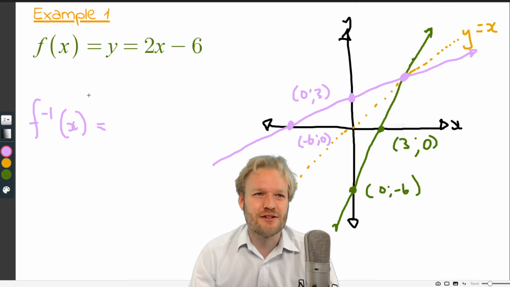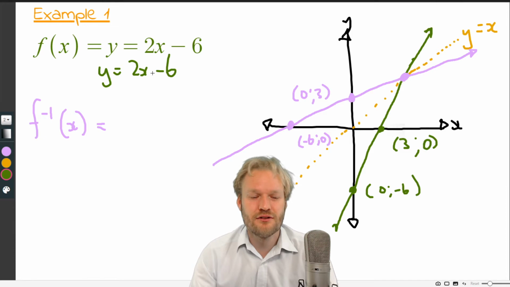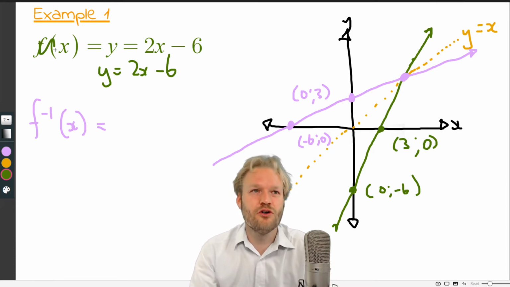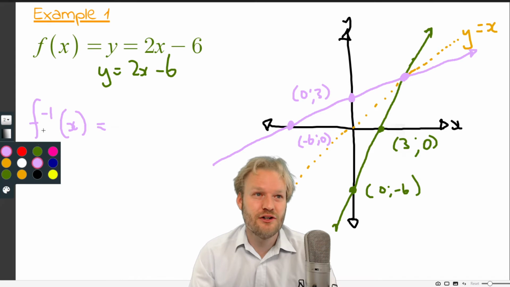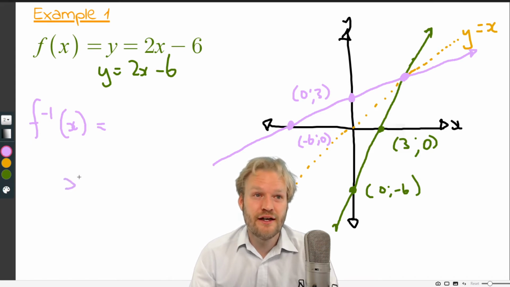Now let's get to this, how do we get our inverse function? So our original function was y equals 2x minus 6. Could have been called just f of x equals 2x minus 6, or y equals 2x minus 6. And it said what was x is y, what is y is x. So algebraically, x equals 2y minus 6.